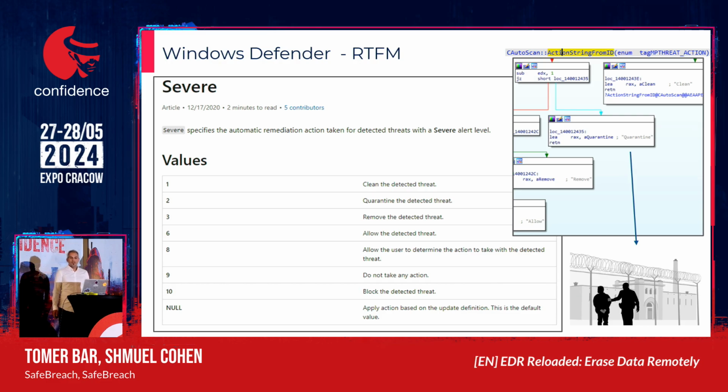We assume that the most severe threat level will probably have a more severe default remediation action, and we verified our assumption was correct by reversing Defender. And as you can see on the right, this is the logic of the scanner. So now our goal is to find a severe-level signature that will trigger automatic deletion of our file, because low severity won't trigger this automatic deletion.